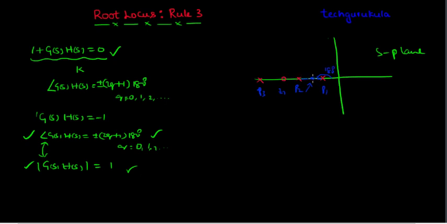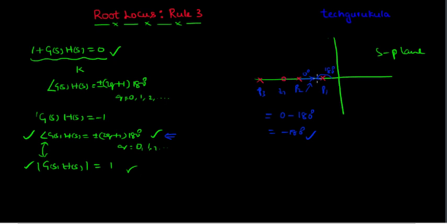The angle made by P2 to this point will be 0 degrees, the angle made by the zero to this point will be 0 degrees again, and the angle made by P3 to this point will be 0 degrees, right? Now the total angle made to this point will be the angle made by the zeros, which is 0, minus the angle made by the poles, which is 180 degrees, which is nothing but minus 180 degrees. This satisfies the angle condition which we stated here. So this point for sure will exist on the root locus.